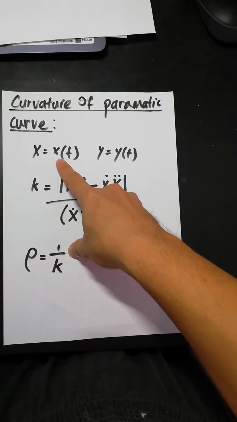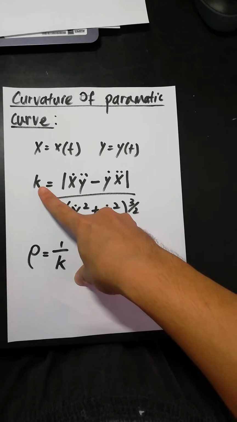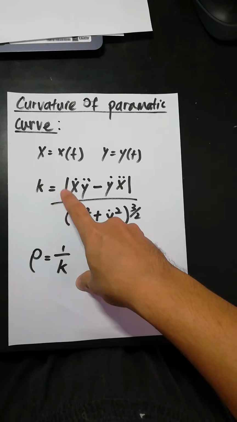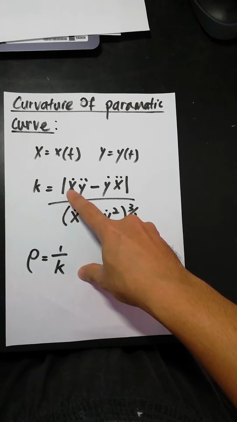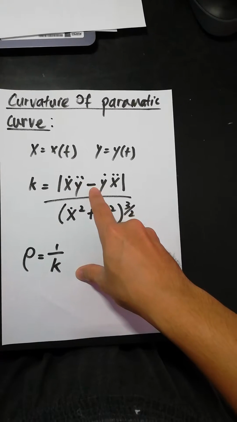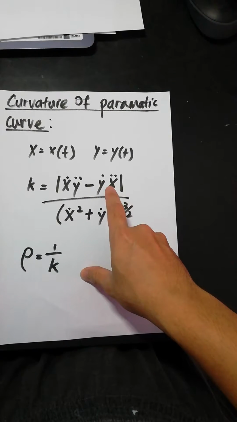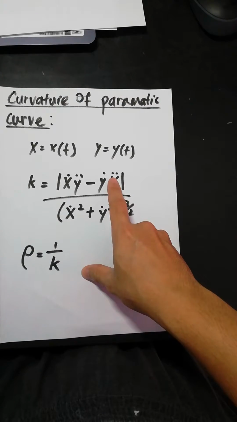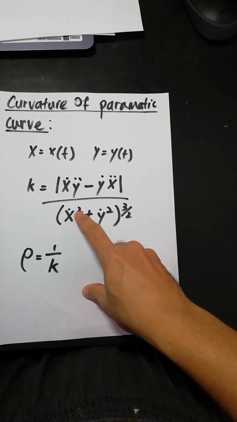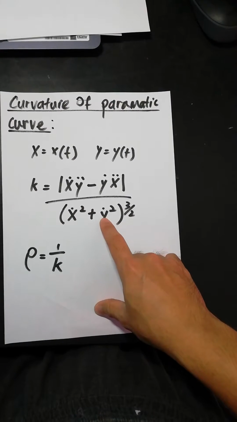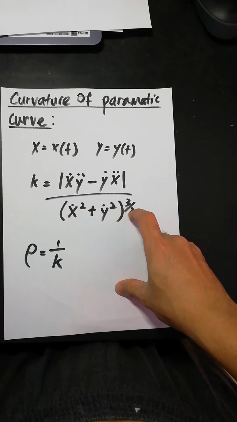So for x equals x of t, y equals y of t, as usual, the curvature kappa would equal the modulus of the first derivative of x times the second derivative of y, minus the first derivative of y times the second derivative of x, over bracket the first derivative of x squared plus the first derivative of y squared, to the power of 3 over 2.